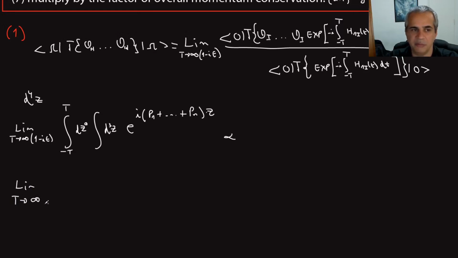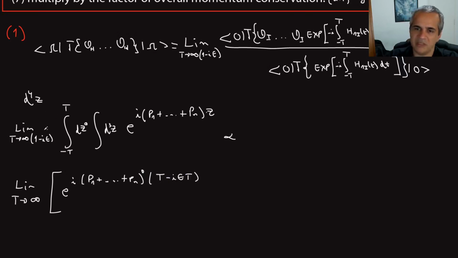Just keep t real, but bring the imaginary part of t over in the, I'm not writing everything, the integral in the space component does not matter to me. So let me write just the integral in the time part. So I have p1 over some all the way to pn 0. So this is just the energy of all of this. And I can write the time part like this.